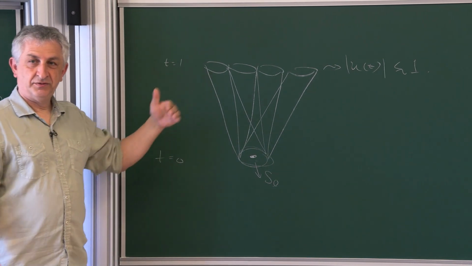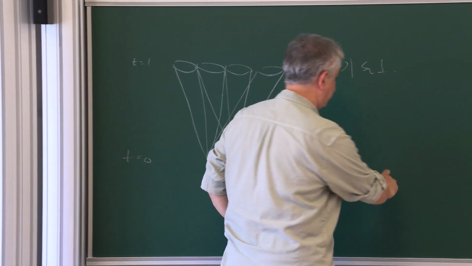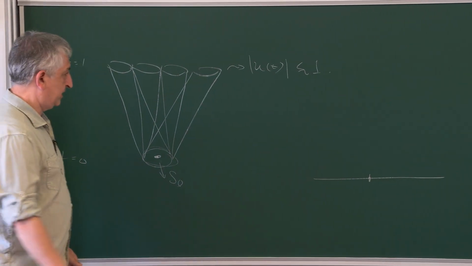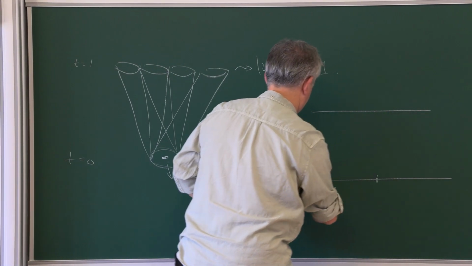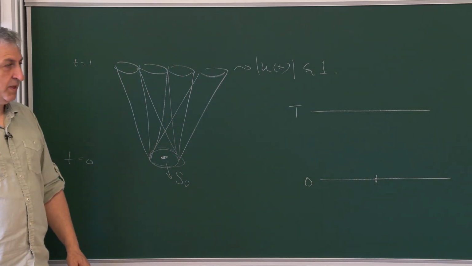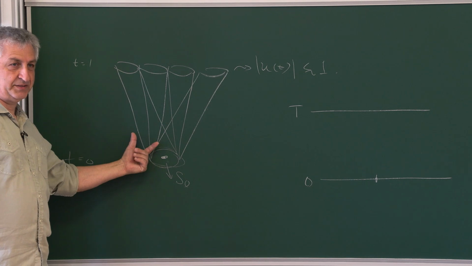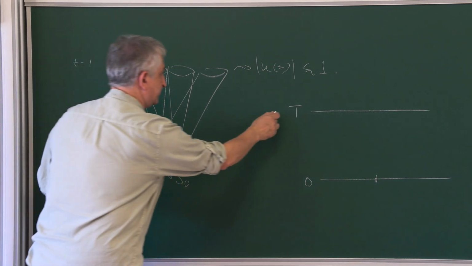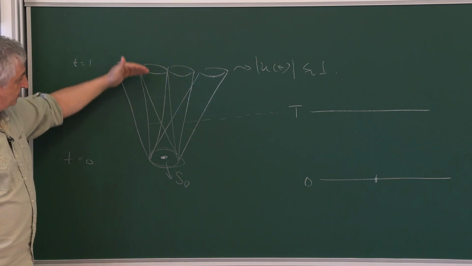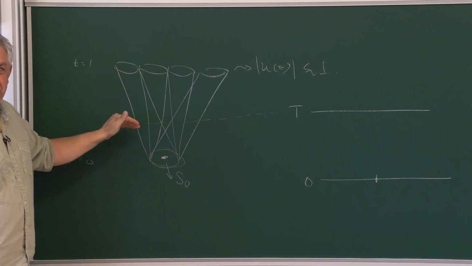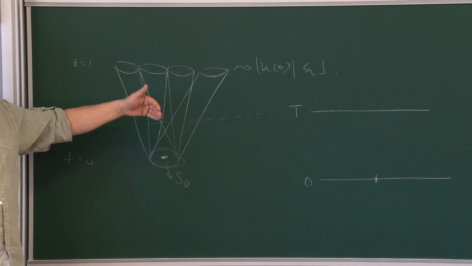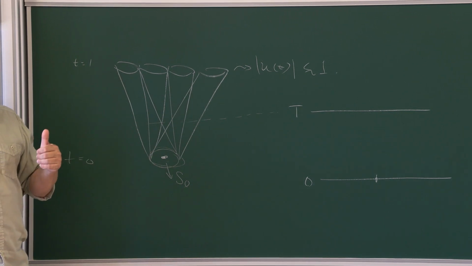If I wanted to do the same picture on a different time scale, let's say a shorter time scale, so let's say I want to go from time 0 to time t, I cannot use the same wave packets. If I were to use the same wave packets, then you see that at time t, which is earlier than 1, you have a lot of overlapping between these packets. And you can still try to add them up and see how much they overlap. But if you do this, you get a non-optimal inequality.